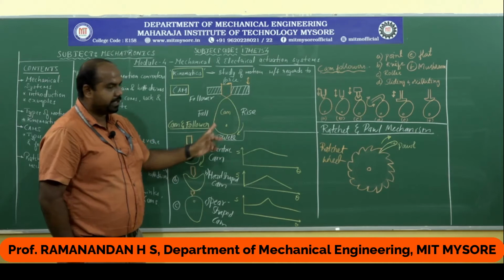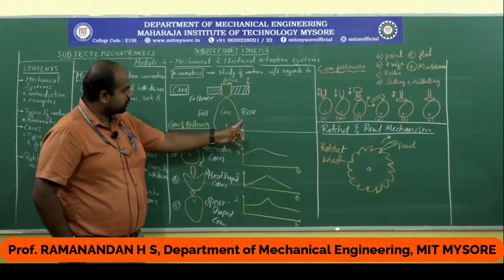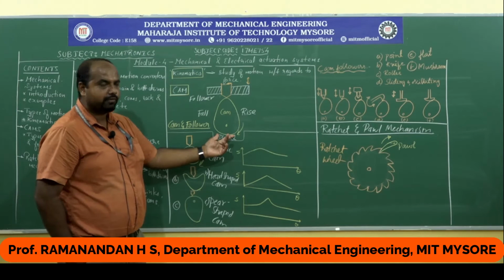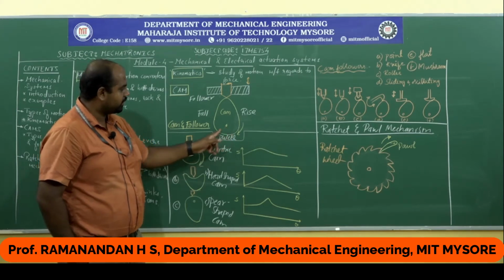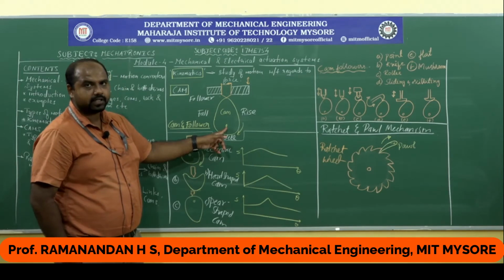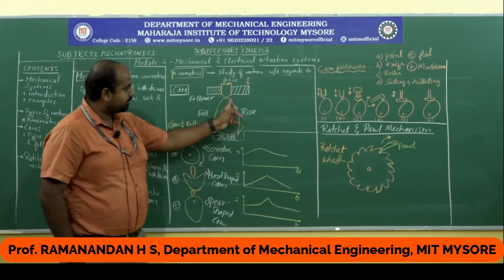This is what we call a pear. It will be in the shape of a pear. There will be three different zones. This zone is called the rising zone. The bottommost with a constant radius is called the dwell zone. Dwell. It will have a constant radius from the eccentric center. It is not exactly at the midpoint of the cam. This is called the cam.